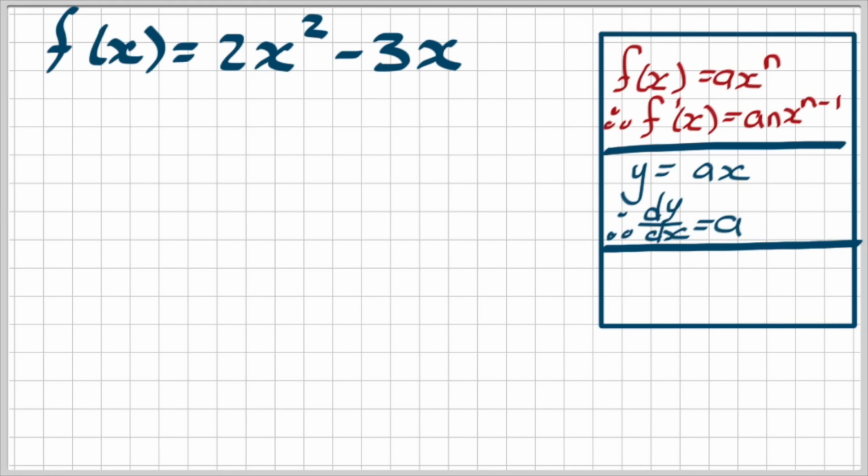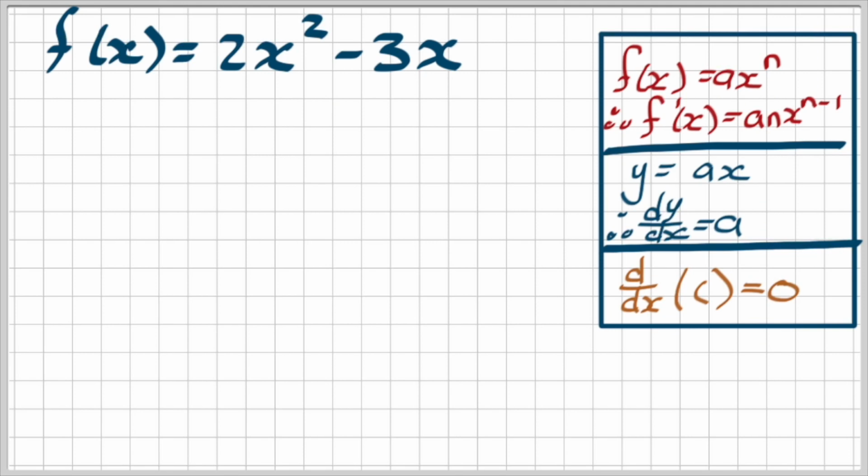Lastly, ladies and gentlemen, if I've got a constant value and I'm deriving it in terms of x, the answer is 0. Why is that? The reason is that derivatives mean rates of change at a point. A constant cannot change. So the rate of change is 0.